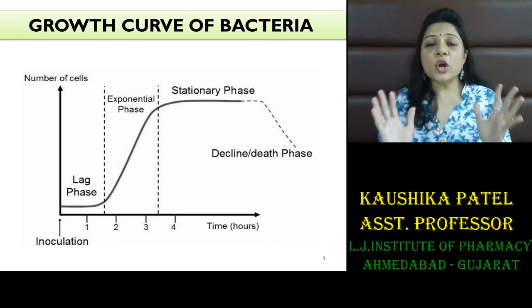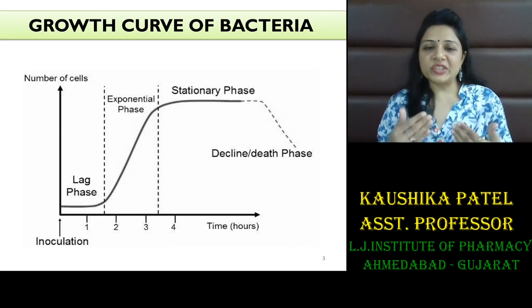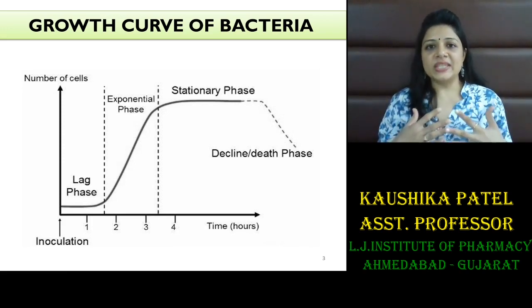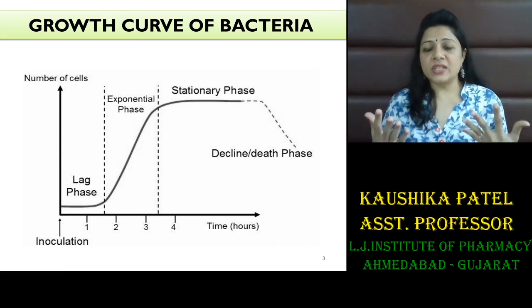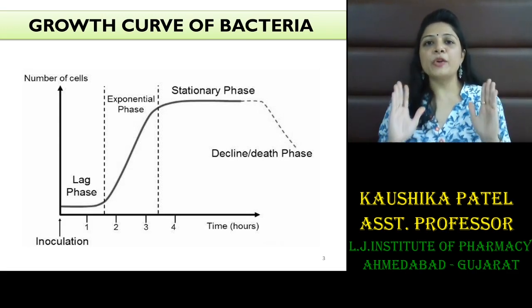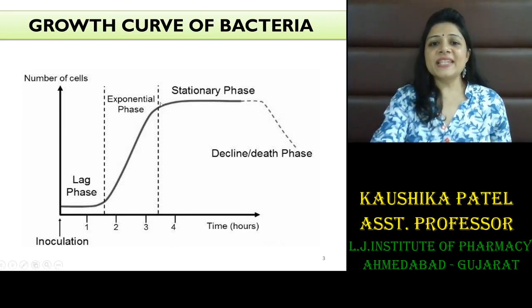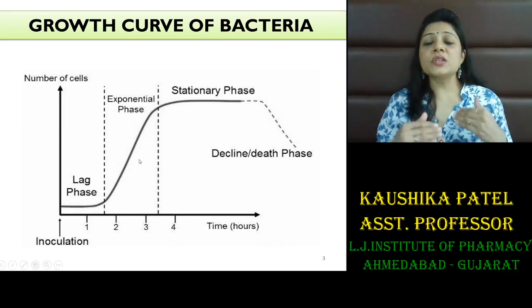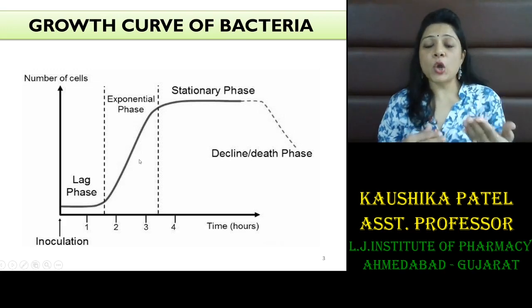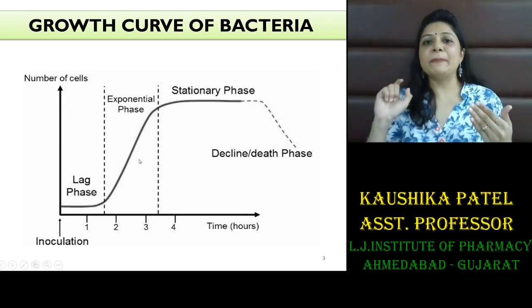Why? Because during that phase, the cells are getting prepared for division, they are absorbing the nutrients and getting ready for the process. So still in that phase, there is no increase in the number of cells. That is the lag phase. Second is the exponential phase, also known as the log phase, because here the number of bacteria will increase rapidly in an exponential manner.